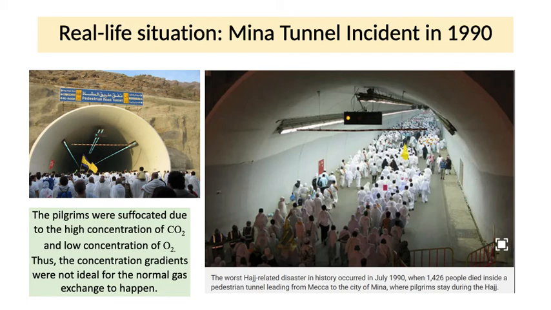Therefore, ventilation alone is not enough to ensure that our blood will receive the right amount of oxygen that we need, because the second process that happens in the respiratory system after ventilation is gas exchange, and gas exchange works based on the concentration gradient concept.